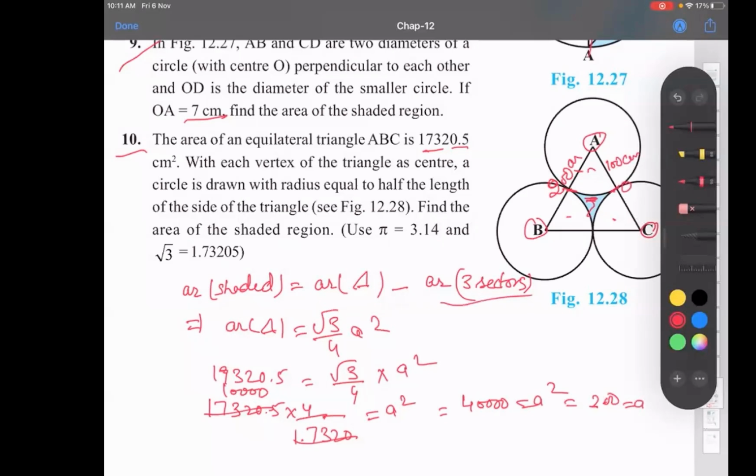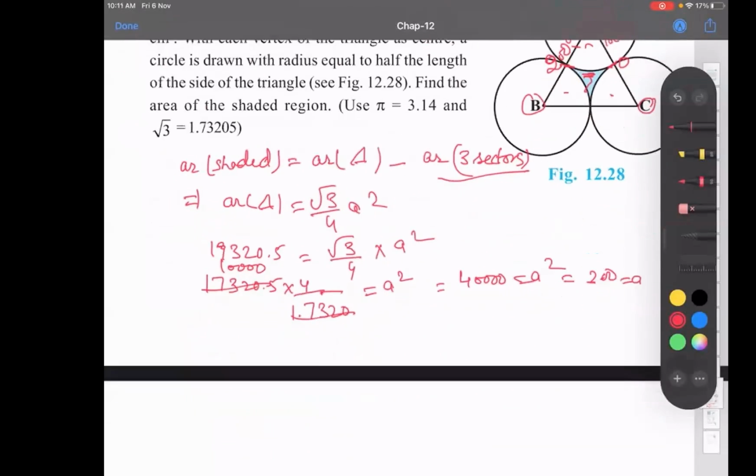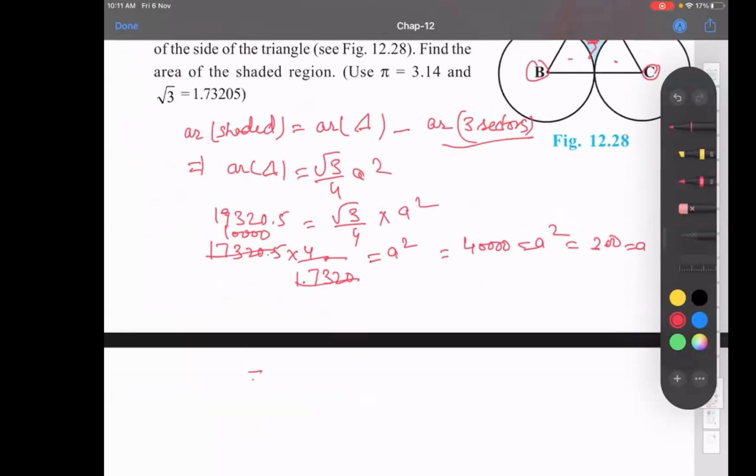So very easily we can find the area of these three sectors. Area of triangle is given to us, 17320.5, minus area of sector, which we can find by using the formula theta upon 360 into pi r square. Theta is 60 degree because this is an equilateral triangle, or directly we can use pi r square upon 6.